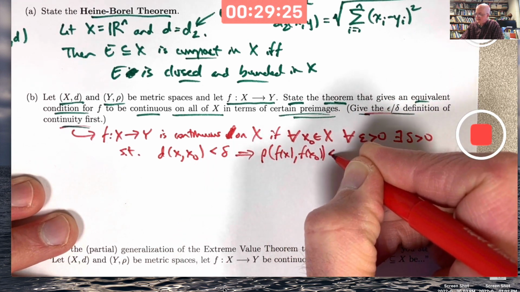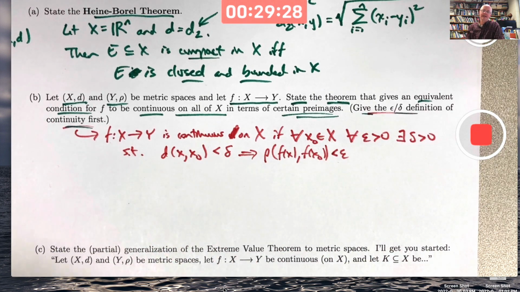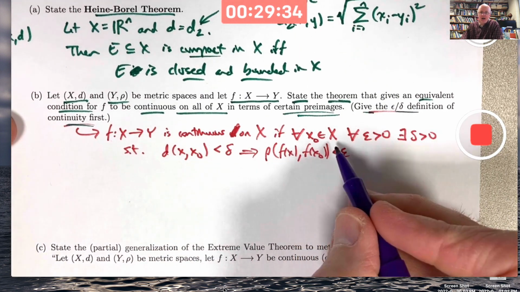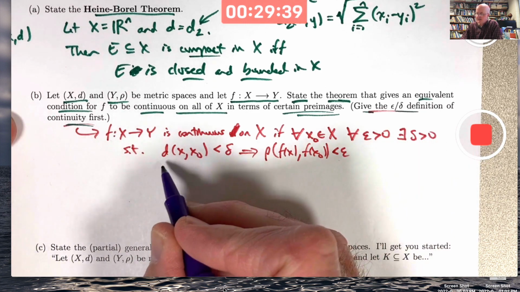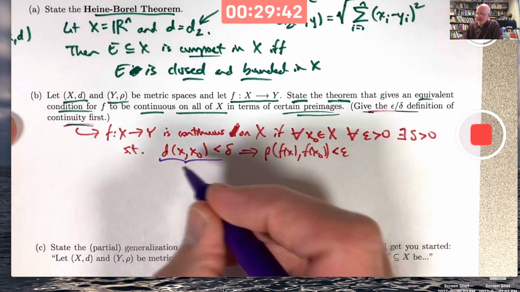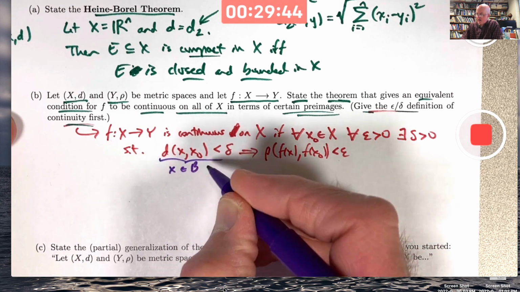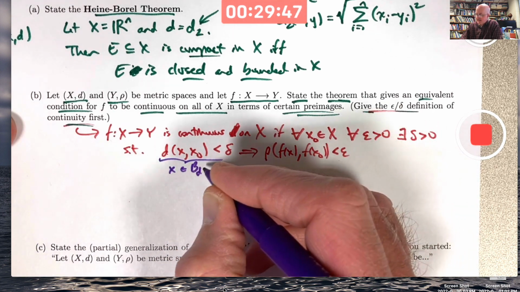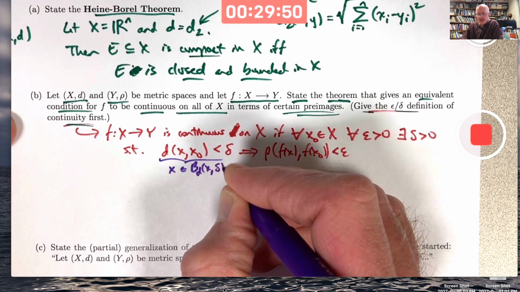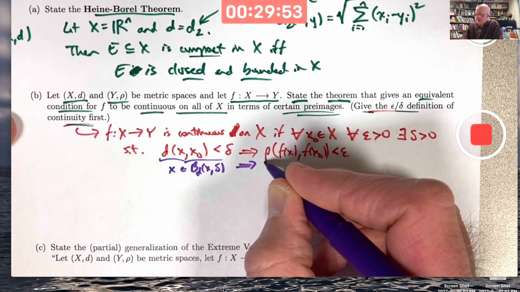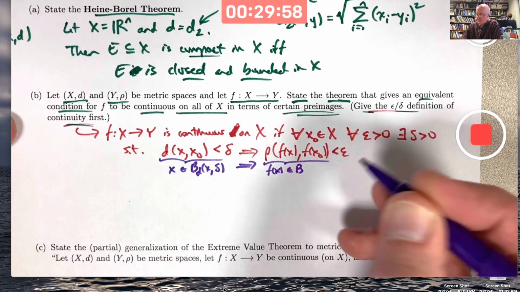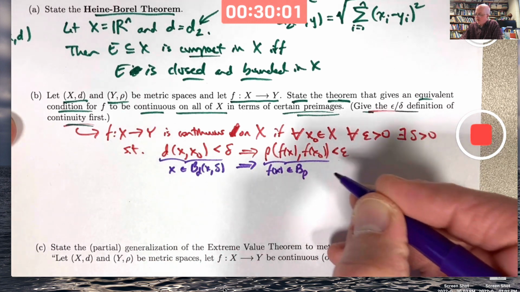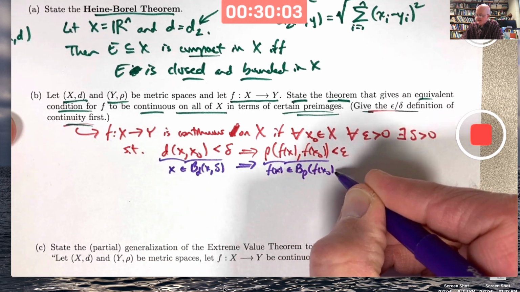That is going to be less than epsilon. You can also state this in terms of open balls. For all x0 in X, and for all epsilon greater than 0, there exists a delta greater than 0 such that if little x is in the open ball with respect to the metric D, centered at x0 and radius delta, implies that f of x is in the open ball in the other metric space with respect to the metric rho, centered at f of x0 and having radius epsilon.